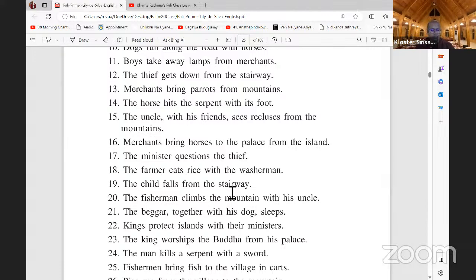Number 20, the fisherman climbs the mountain with his uncle. Kevatto matulena saddhim pabbatam aruhati. Yes. Kevatto matulena saha pabbatam aruhati.